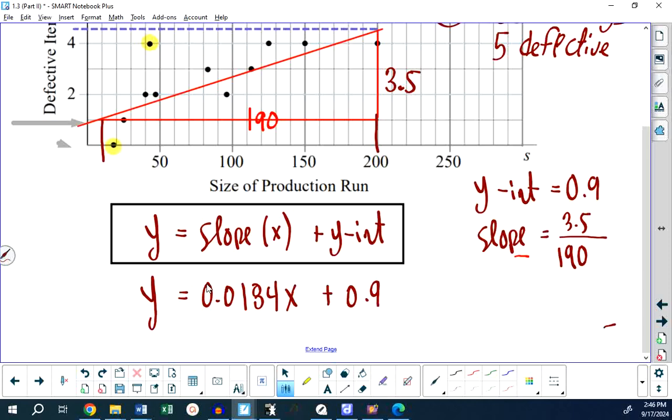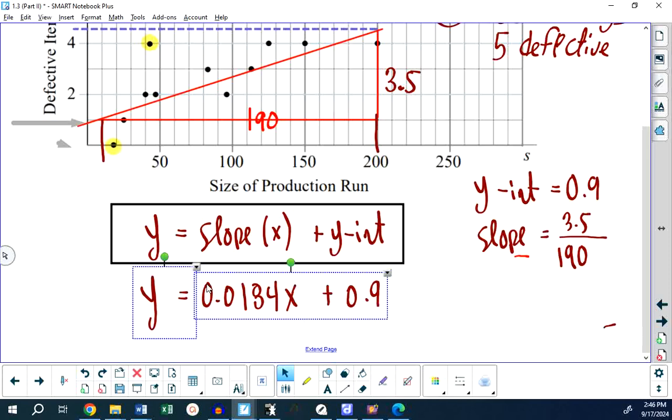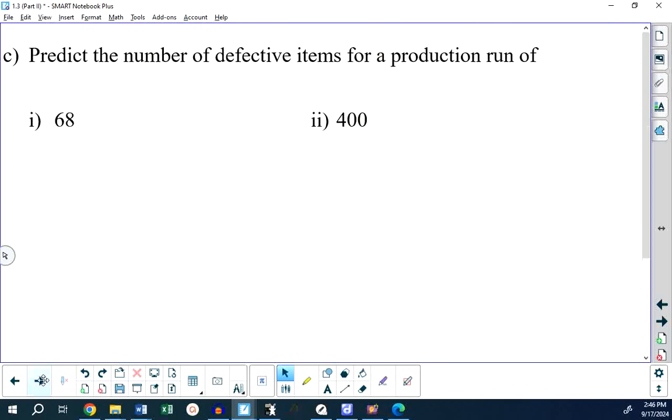Let's take a look at the next part of the question. Let me grab this because I'm going to be using it. The next part of the question says, how many defective items do you think we would get? Here's the prediction part. How many defective items do you think we would get if you had a run of 68 items or a run of 400?